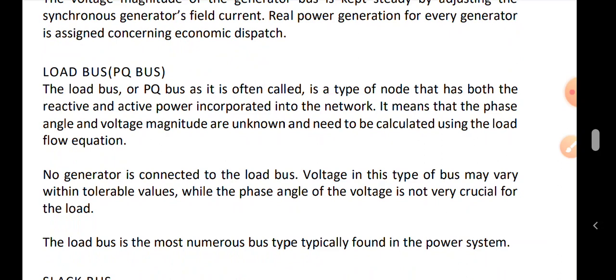It means the unknown variables on this type of bus are voltage V and its angle delta, which will be calculated with the help of load flow equations. A load bus is a bus on which no generator is connected.